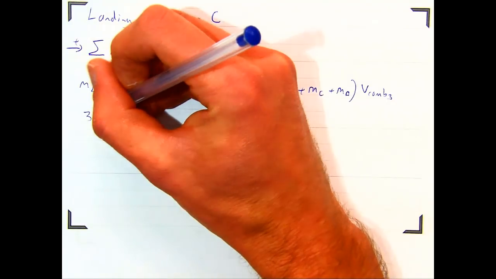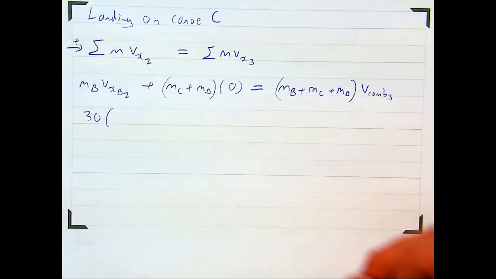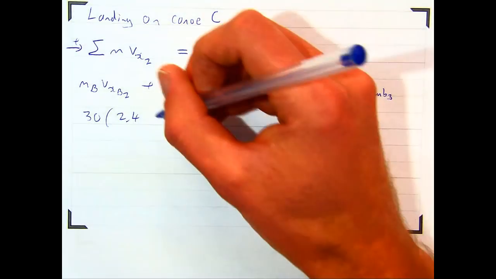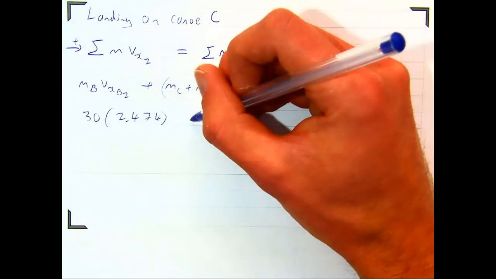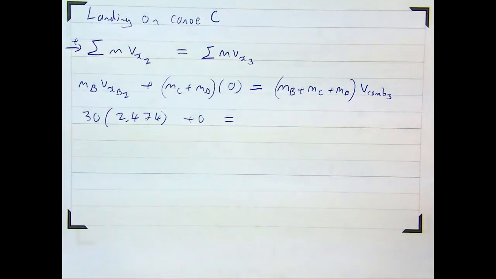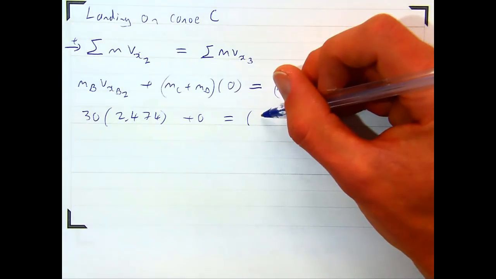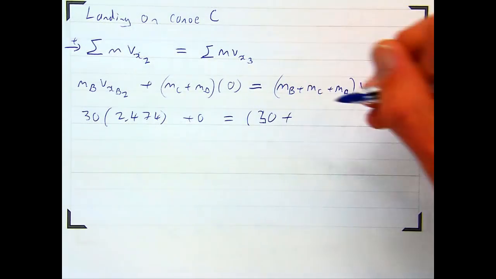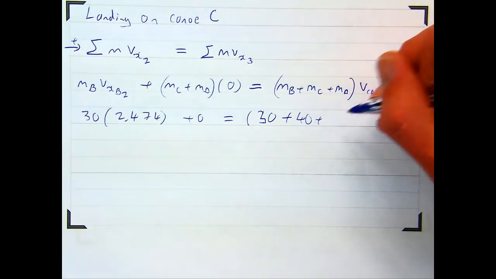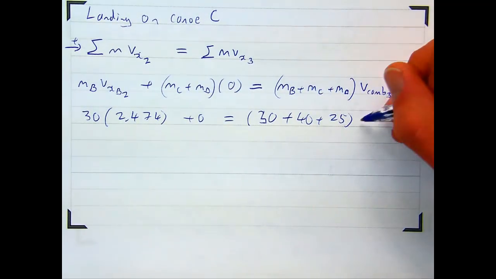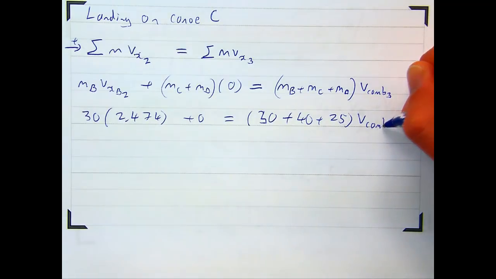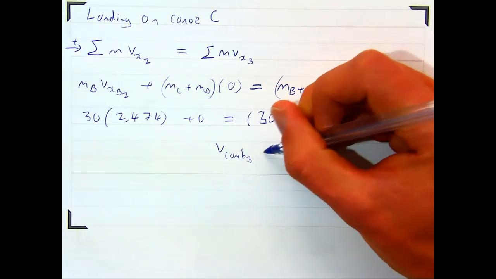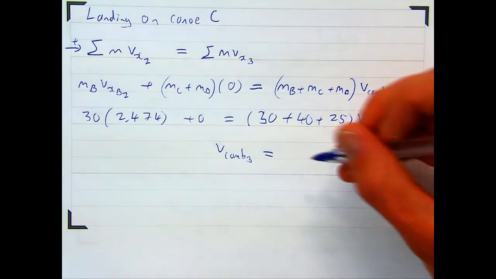That is the 30 kilograms at which the boy is moving, times the velocity 2.474, plus 0 is equal to 30 plus the mass of the canoe plus the mass of the girl times their combined velocity. And that gives us the combined velocity after he lands to be 0.781 meters per second.